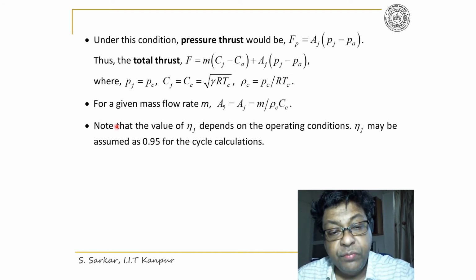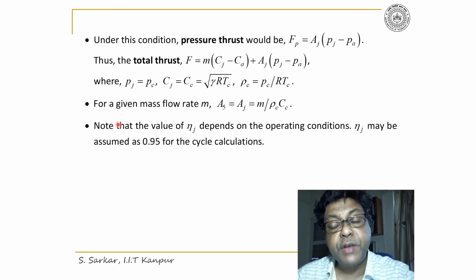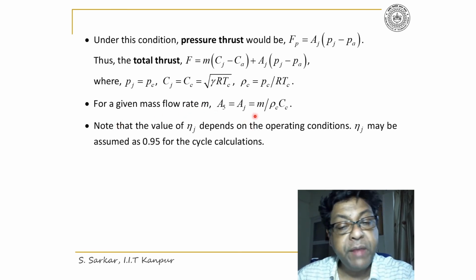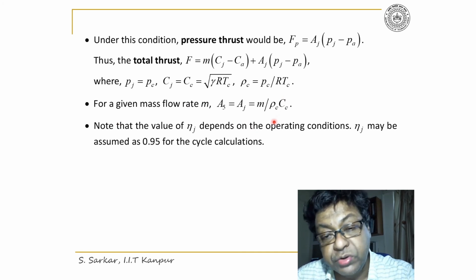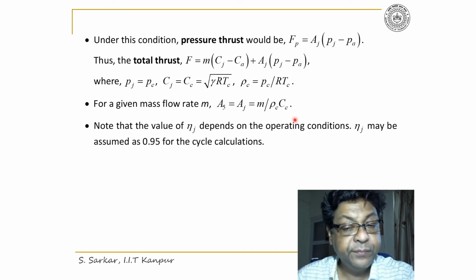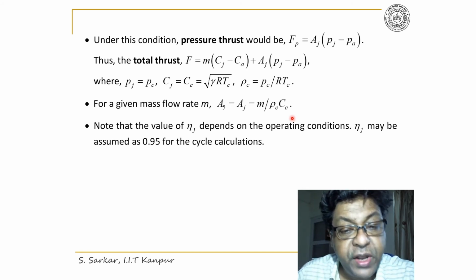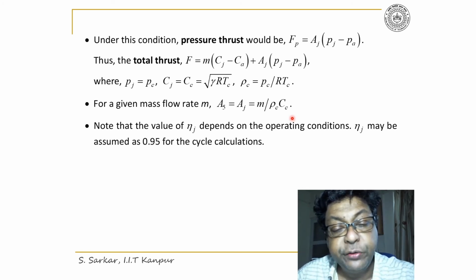Now, for a given mass flow rate m, the area of the nozzle A5, that is equal to Aj, would be equal to m divided by rho c into Cc. Cc must be equal to Cj, that is equal to root over gamma R into Tj.